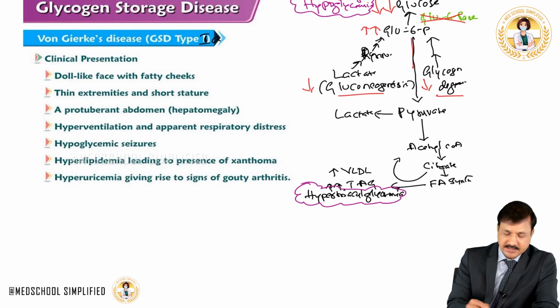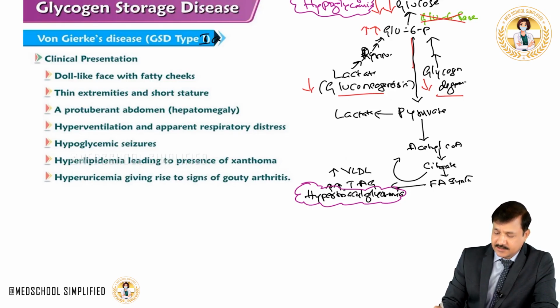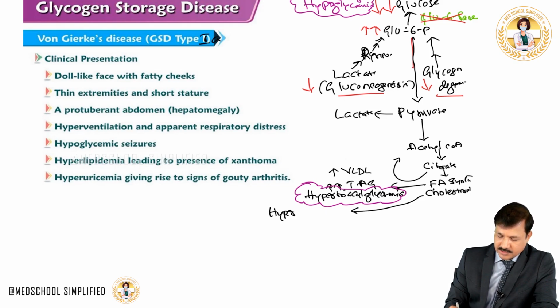Not only is fatty acid synthesis going on here from citrate in the cytoplasm, even cholesterol synthesis will go on. Cholesterol formation. And this cholesterol, again, will become part of VLDL. So there will be excess VLDL there, leading to excess cholesterol. So hypercholesterolemia. Hypercholesterolemia is another sign that you see in Von Gierke disease.